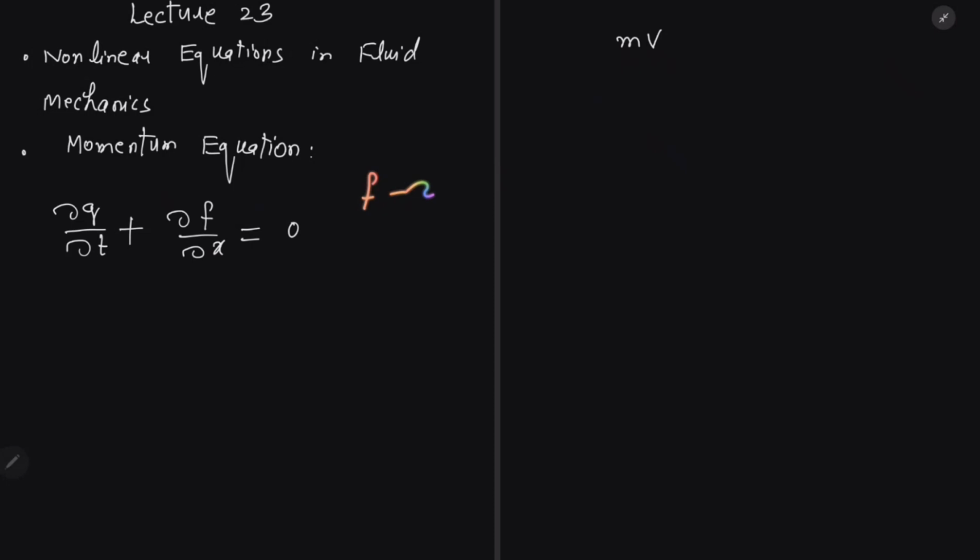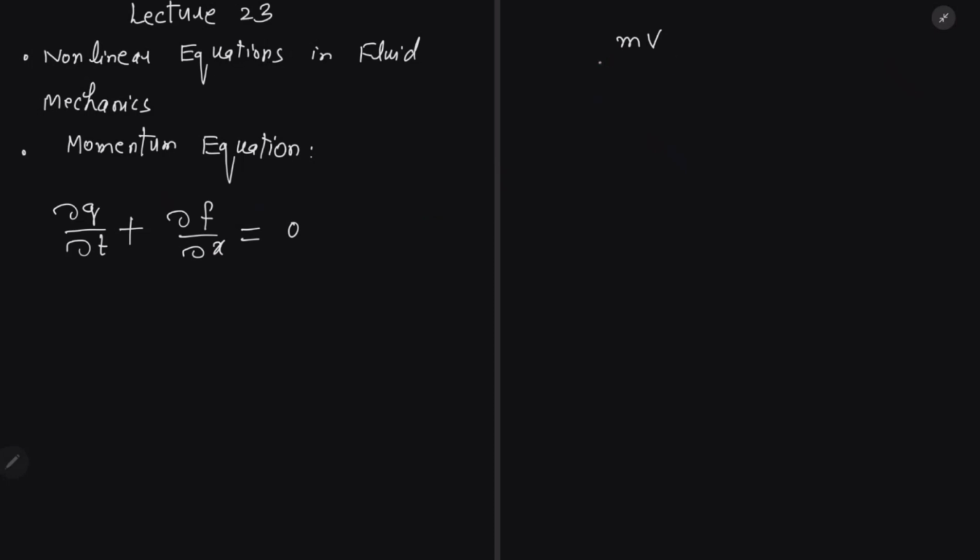When we change the flux with u as the variable and density, we get the continuity equation. Now we want to write the momentum equation, and we need to change the flux as well.